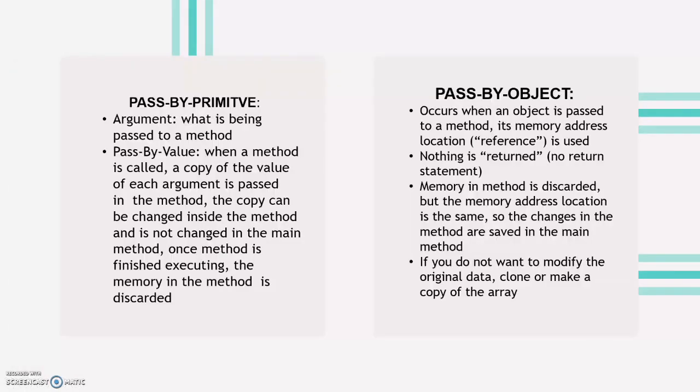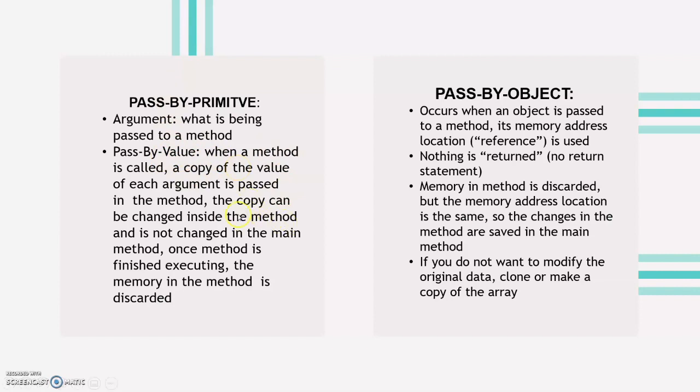So passing by primitive and passing by object. We got into objects a little bit last time when we talked about arrays. You might not have heard this word exactly, object, but just know that an array is an object. We'll get more into objects later. But basically, when we pass by a primitive type, like an integer or a character or a float or a double, we're passing a copy of that value into the parameter.